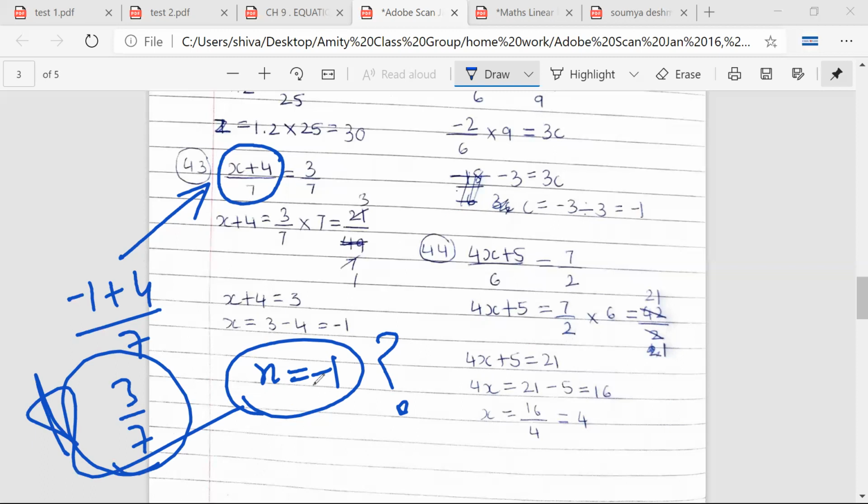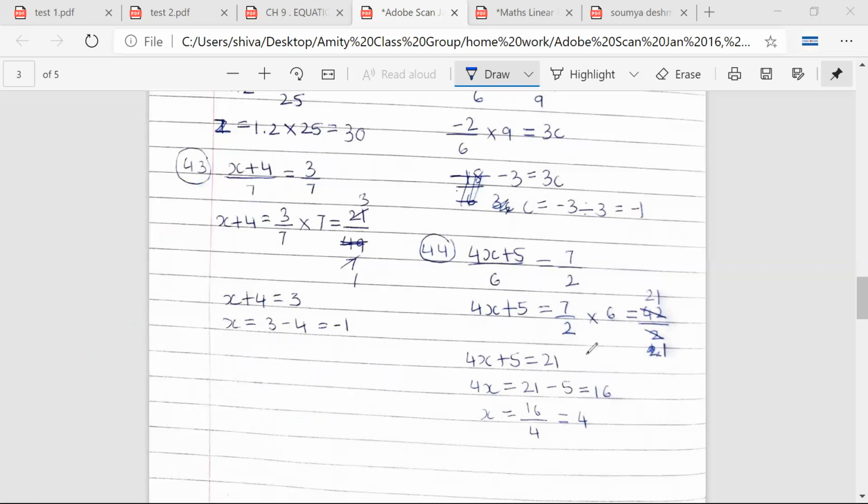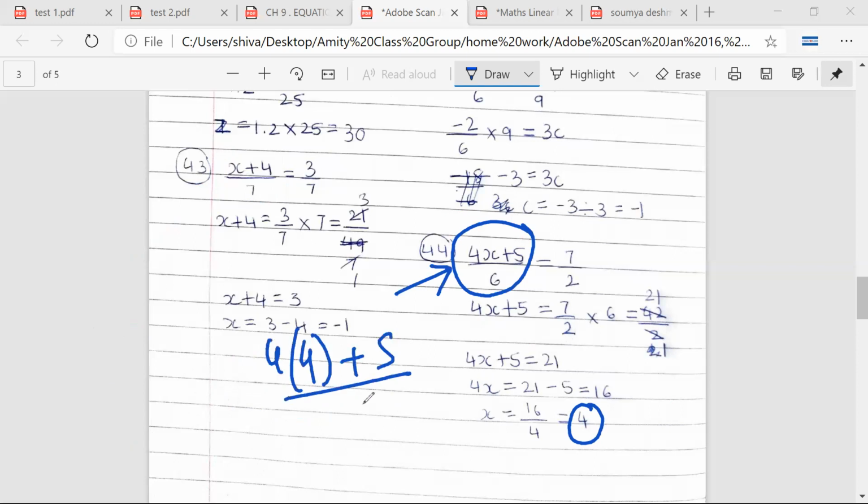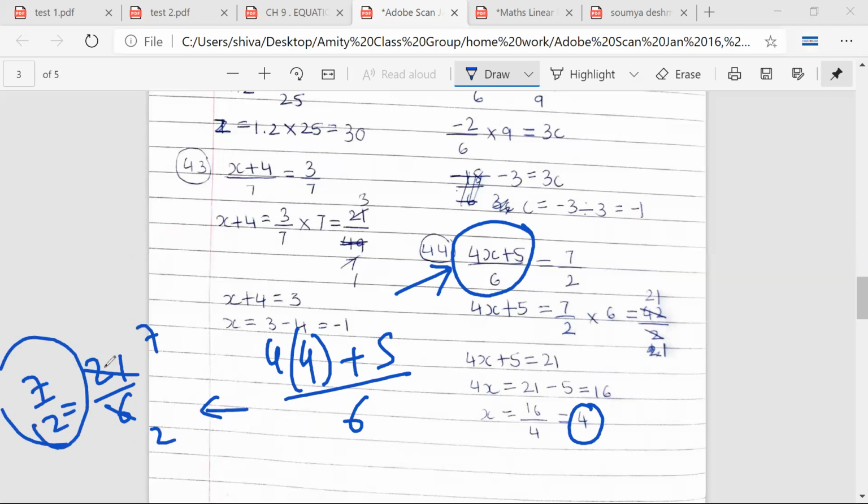Any doubt? No, sir. If we want to check this answer, what we should do? Again, you substitute it in the equation. Soumya ji, any doubt? No, sir.